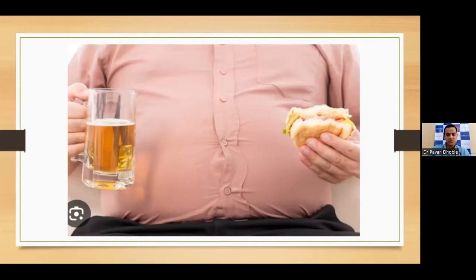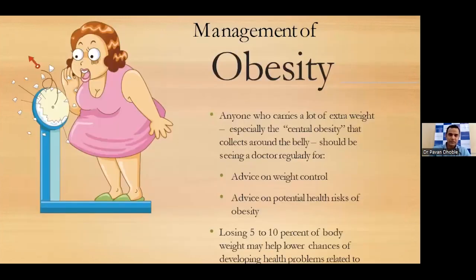So there is no defined time duration for when you will have cirrhosis. Certain people who have more muscle mass and less fat will have cirrhosis if they continue to drink at the end of 10, 20 years. But those who are fat and obese can present in less than 10 years, maybe 5 years. It depends on the quantity of drink, amount of fat, and how much muscle mass they have.